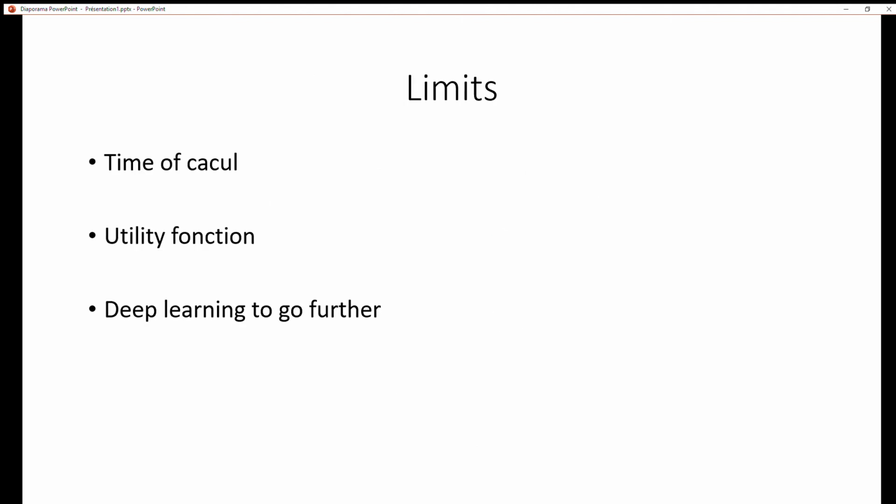The limit of this algorithm is first the calculation time, because we have to see the whole graph of the game, and it can be very long for some games such as chess or Go, and more or less impossible.